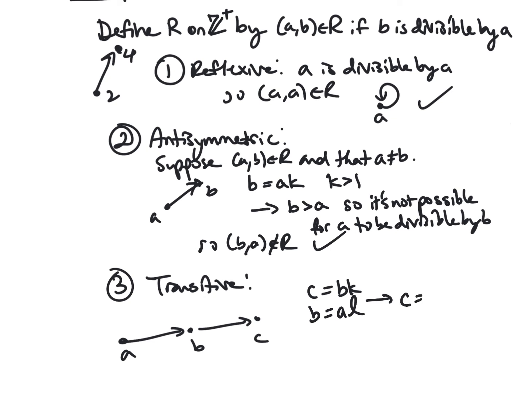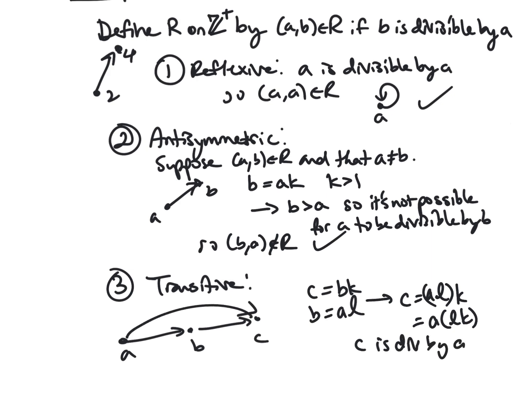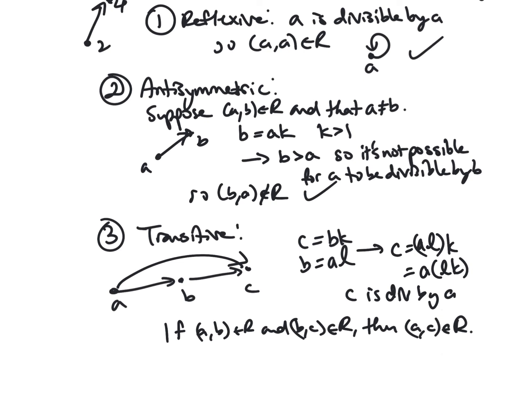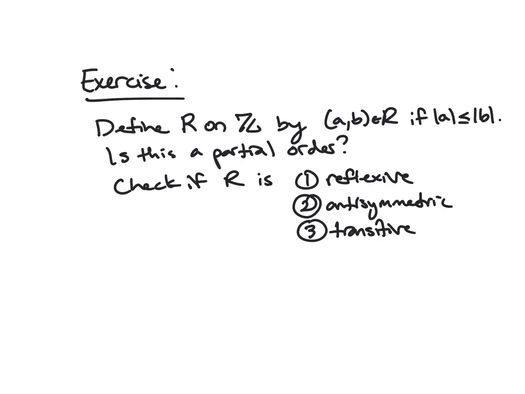So c is al times k, or a times lk, so c is divisible by a. And therefore, we have an arrow from a to c. Okay, so this just says if (a, b) is in R and (b, c) is in R, then (a, c) is in R. So it satisfies all three, and thus is a partial order.